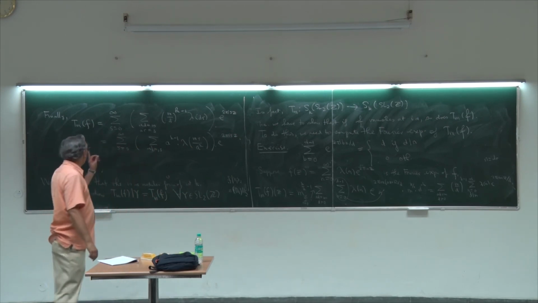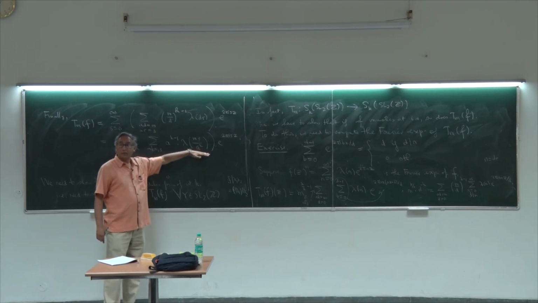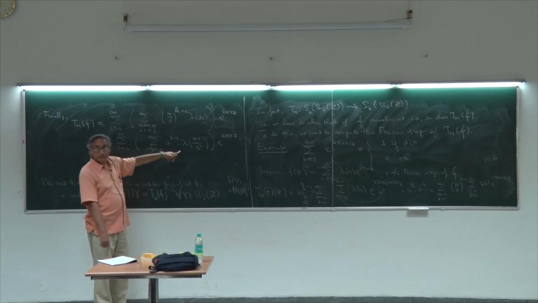Okay, so we now know, if I knew the Fourier coefficients of f, I know the Fourier coefficients of T_m of f. And now if f vanished at infinity, which means that the constant term is 0, the constant term for this guy is also 0.